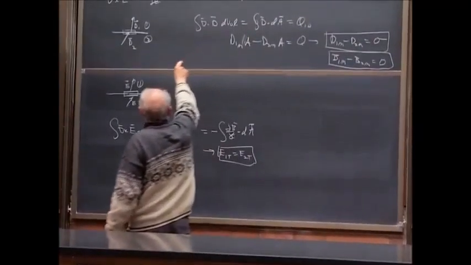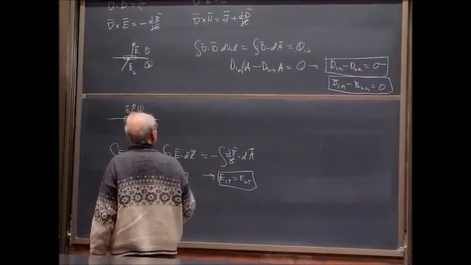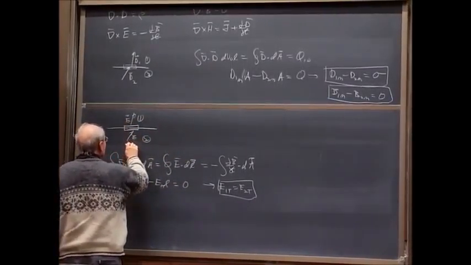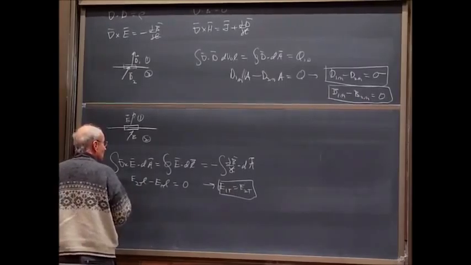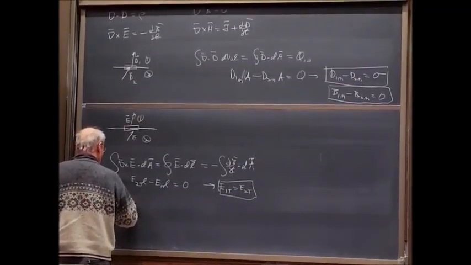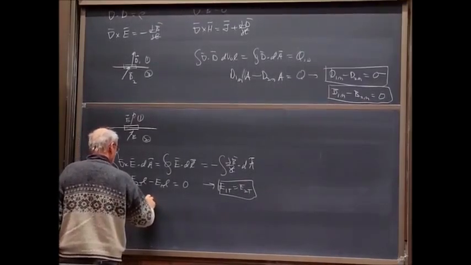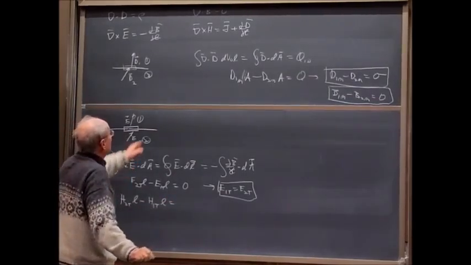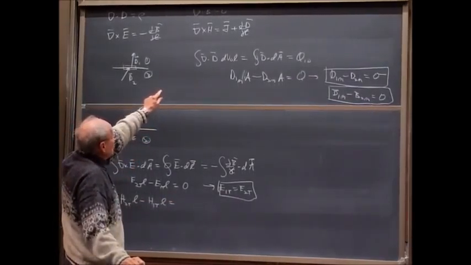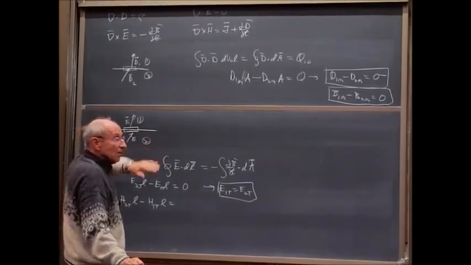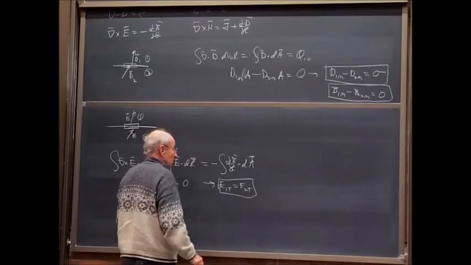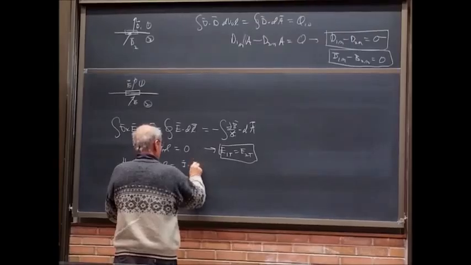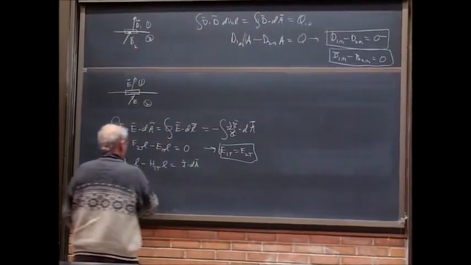And the final one is the curl of H. Okay, well, we can see what will happen there. This just gets replaced by H's instead of E's, and so you get H2 tangential times L minus H1 tangential times L. But now, the dD/dt part will be 0, but the J dot dA part remains.